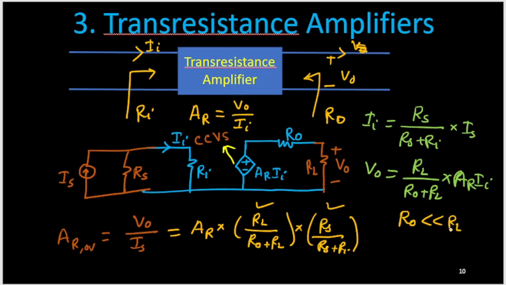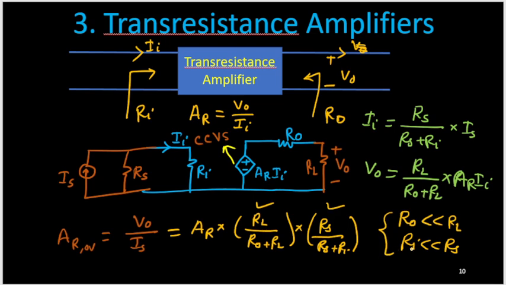Similarly, this current Ii will be maximum if Ri is very low compared to Rs. So you see that if Ri is relatively small, Rs upon Rs plus Ri is close to 1.